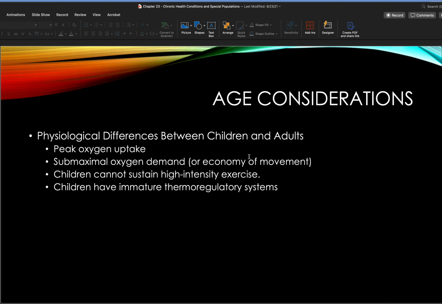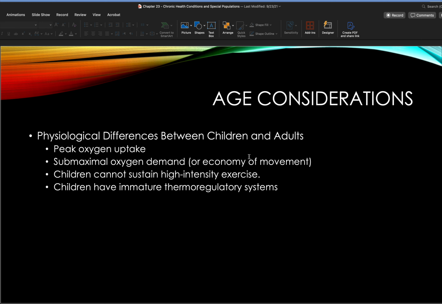Submaximal oxygen demands, or what we call economy of movement, is really critical as well. Children have immature thermoregulatory systems, so they get overheated or have a problem heating up, depending upon the cold environment versus the hot environment. It's immature, so it can regulate, but it doesn't regulate the same way an adult would.